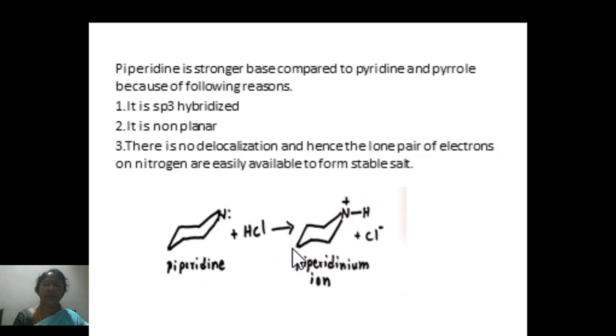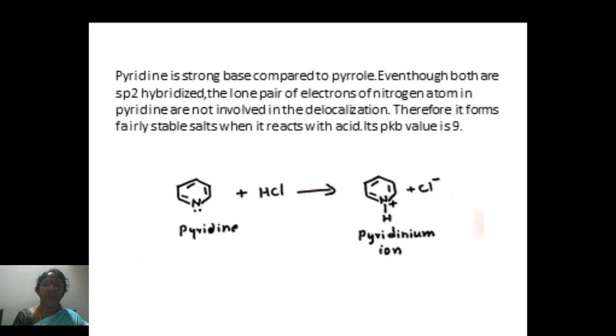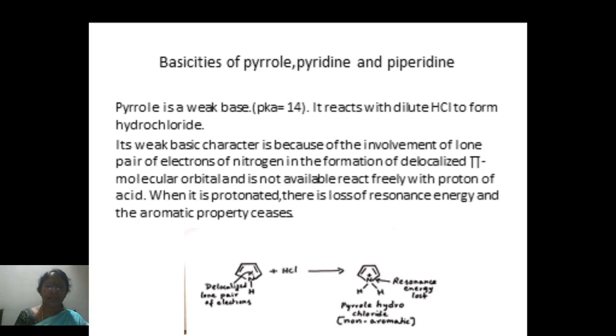Pyrrole is a 5-membered heterocyclic compound. When it reacts with dilute acid, it forms pyrrolinium ion, and this is less stable because the nitrogen uses its lone pair of electron for protonation.